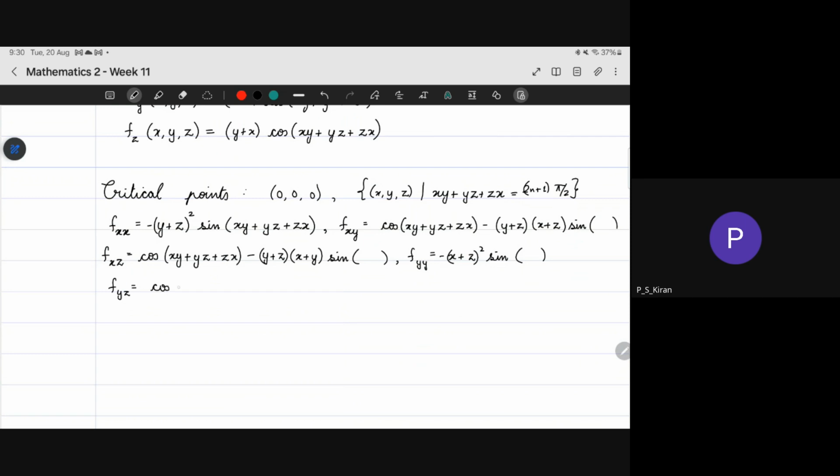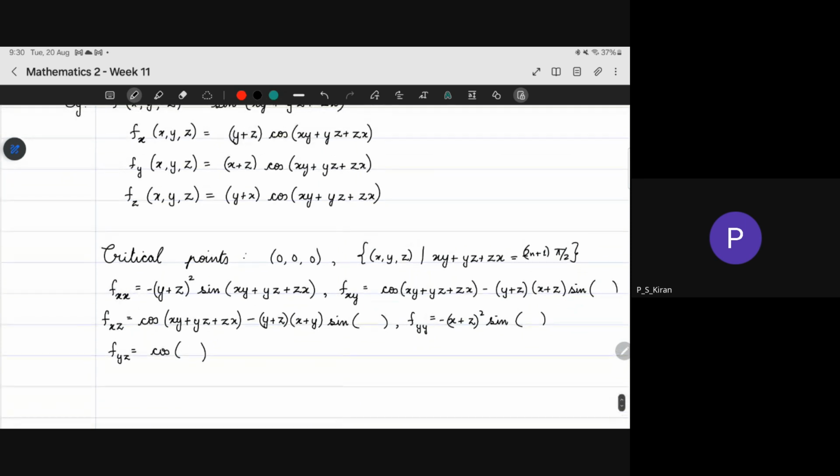That will also be cos of this thing, minus y plus x plus z sine of that expression.